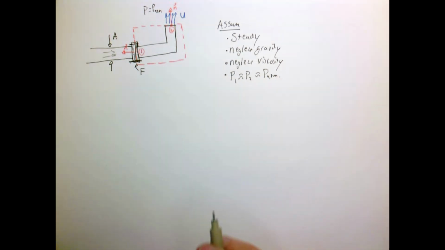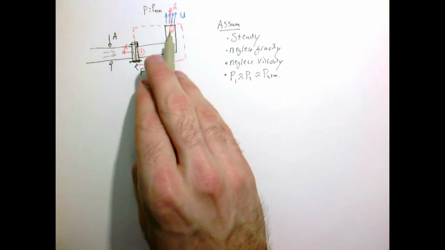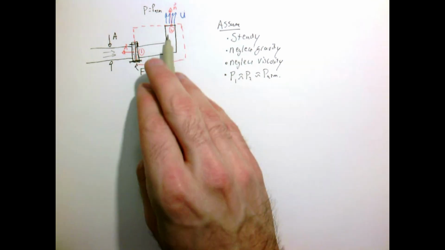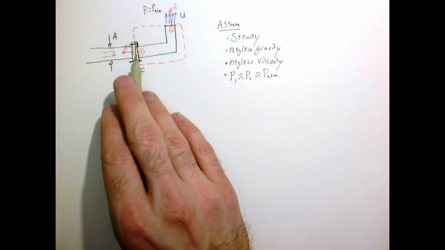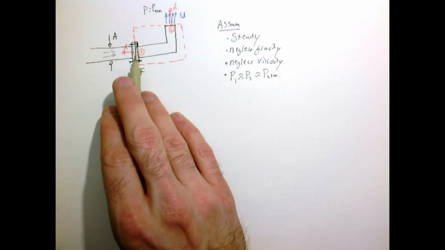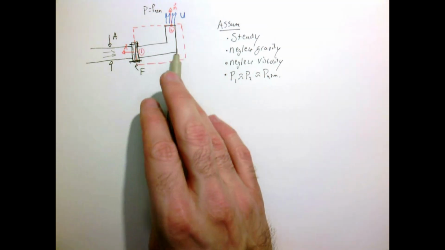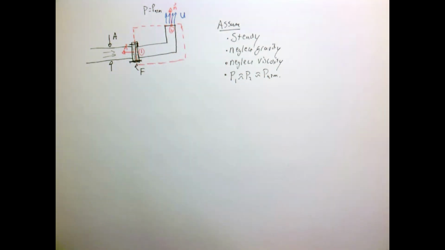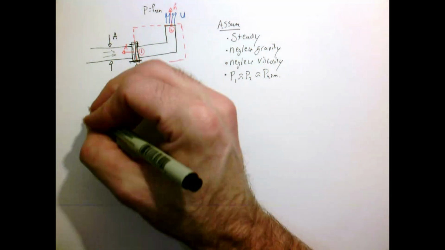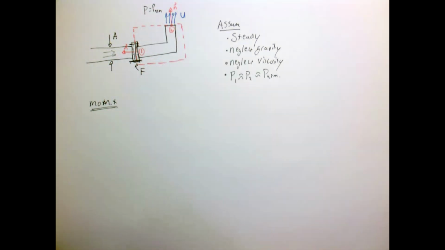So there's basically no real pressure loss around this last little bit of the bend, so the pressure doesn't change much between here and here. Now in reality, this pressure would be a little bit higher, which would exert a little extra force for wanting to pop this thing off than we'll calculate, but we'll just assume there are basically no losses in this bend. So let's write out our conservation of momentum in the x direction.